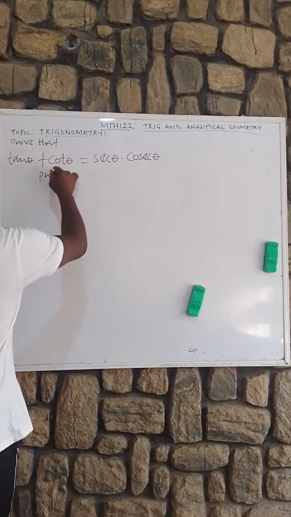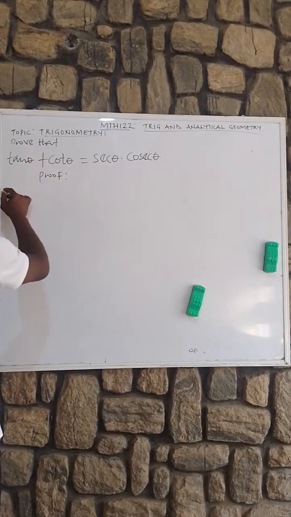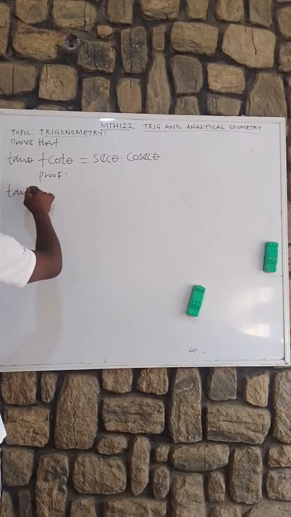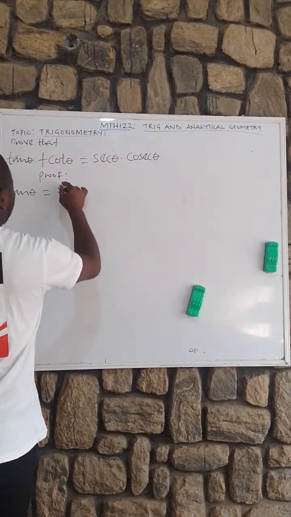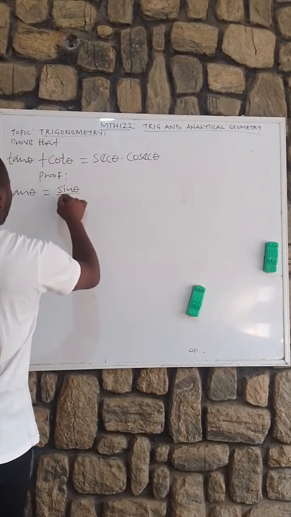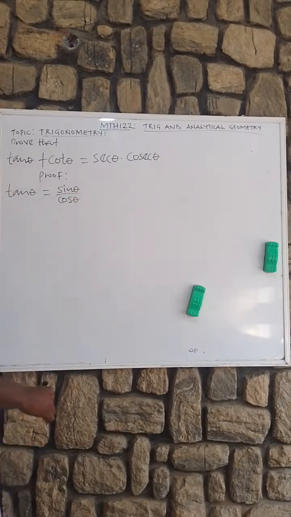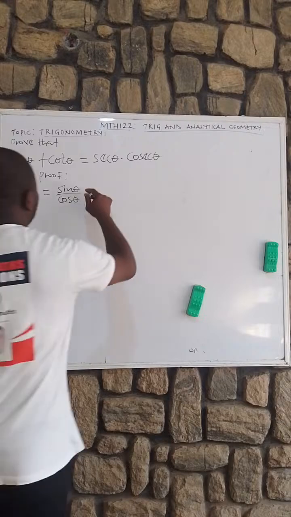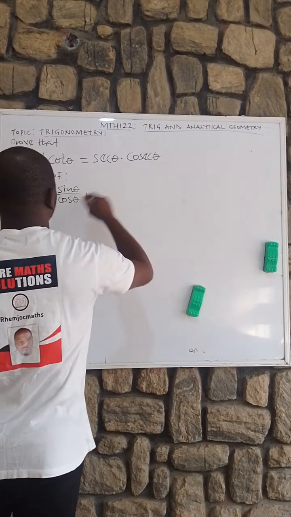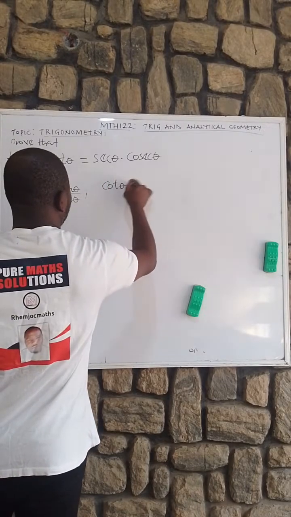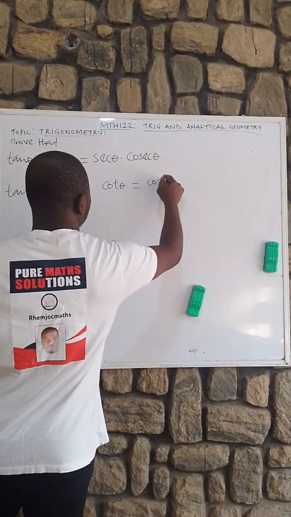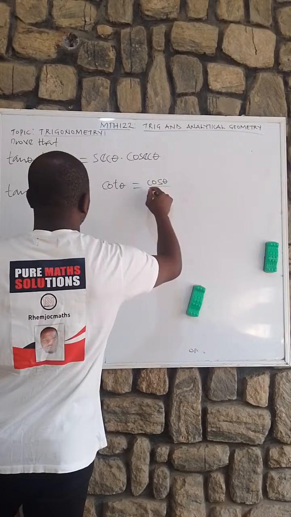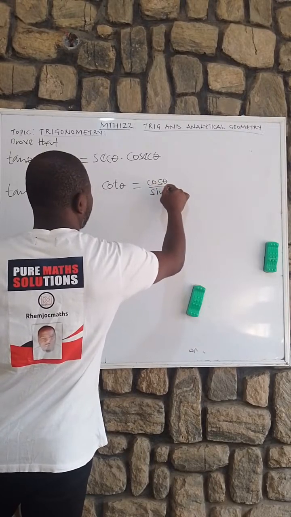our tan theta is always equal to sin theta all over cos theta. True or false? And our cot theta is equal to the inverse of tan, cos theta all over sin theta.